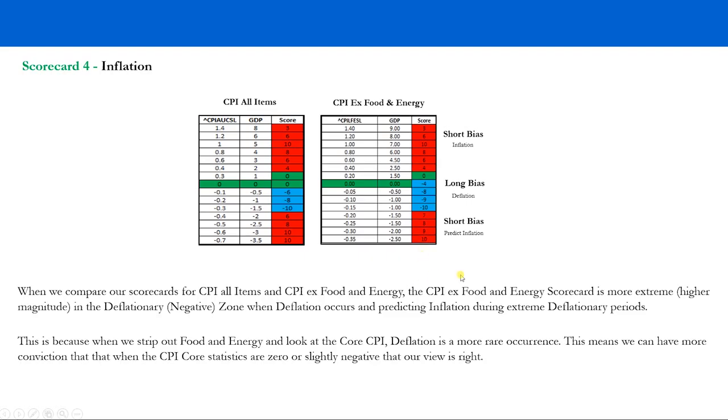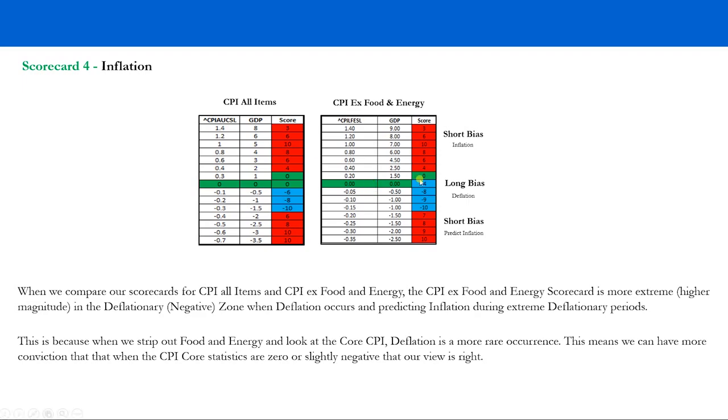And that's because when we strip out food and energy and look at the core CPI, deflation is a much, much rarer occurrence. So it means we can have more conviction that when the CPI core stats are zero or negative, our view is going to be right.